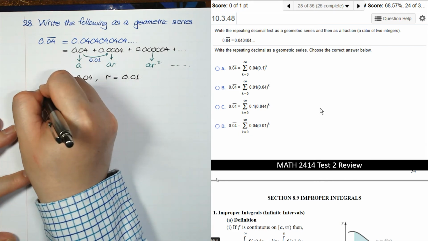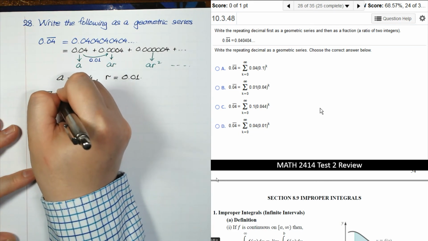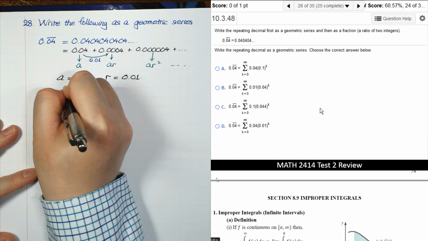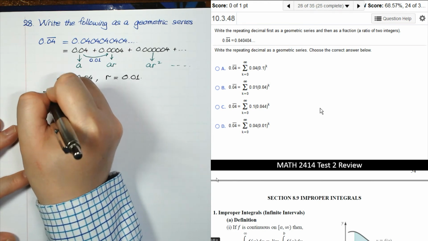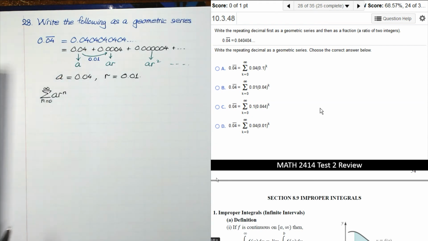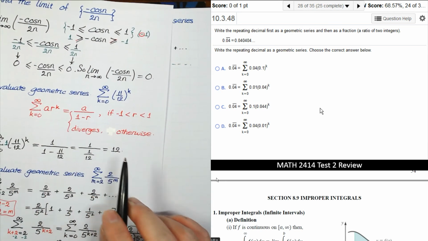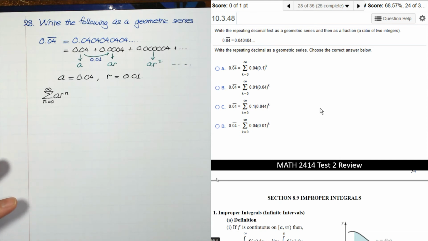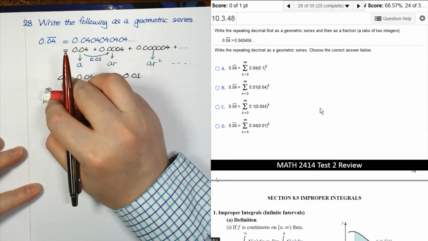So the summation is just A R to the n, and for some reason I just switched from k to n. Let's keep with k then.